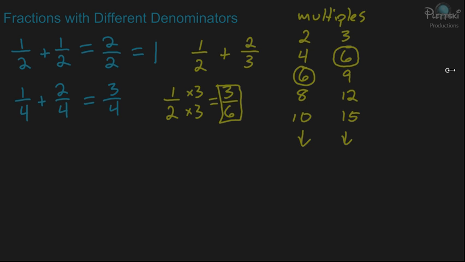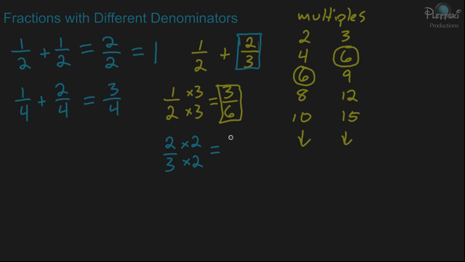Okay. Now let's do the same thing to the 2/3. We need to change the 3 to a 6. To change the 3 to a 6, you have to multiply it by 2. And you have to do the same thing to the top.